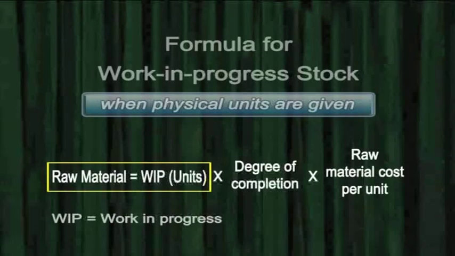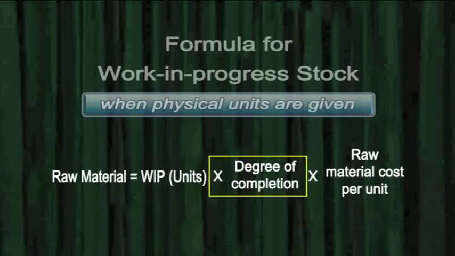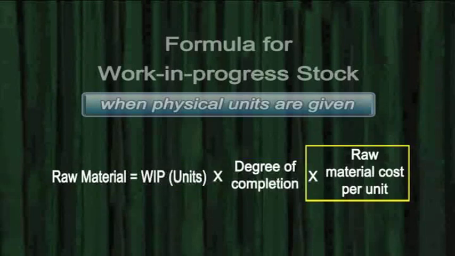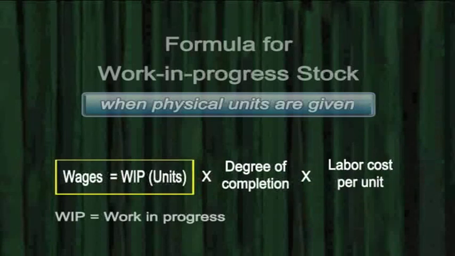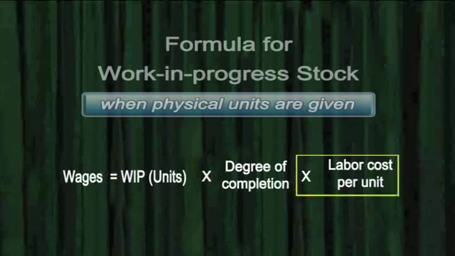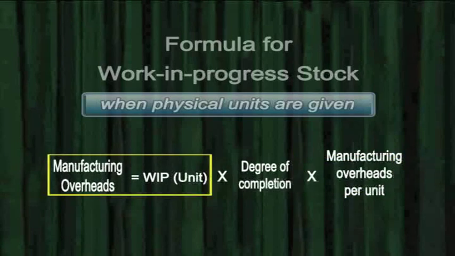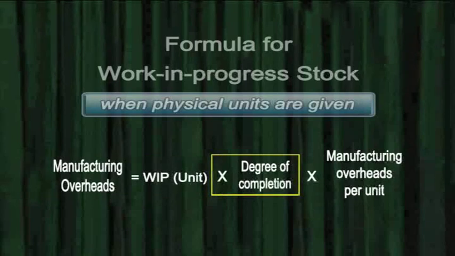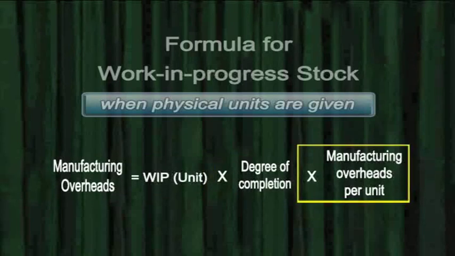Raw material is equal to work in progress in units into degree of completion into raw material cost per unit. Similarly, wages: work in progress units into degree of completion into labor cost per unit. Manufacturing overheads: work in progress units into degree of completion into manufacturing overheads per unit. So they will give us the figure of work in progress stock.